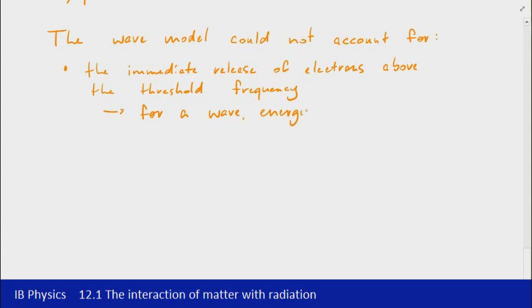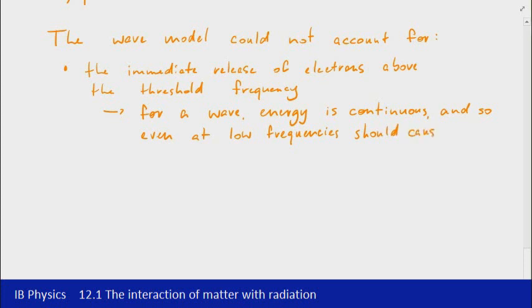If energy is continuous, then as light is being shone onto a surface, eventually there should be enough energy that an electron could be emitted even for low frequencies. The energy would continue to build up, and eventually there'd be enough that the electron could gain that energy and be displaced from the surface.